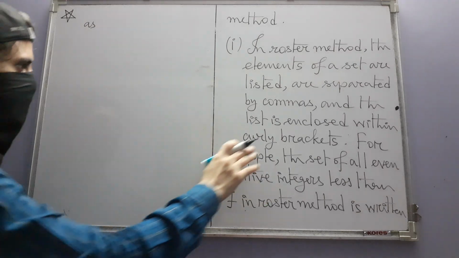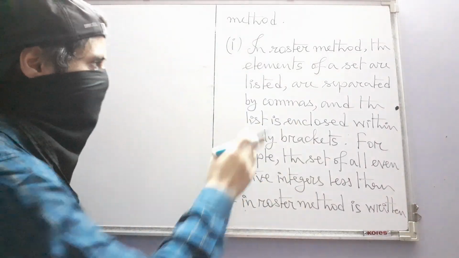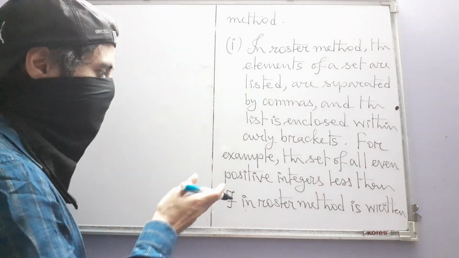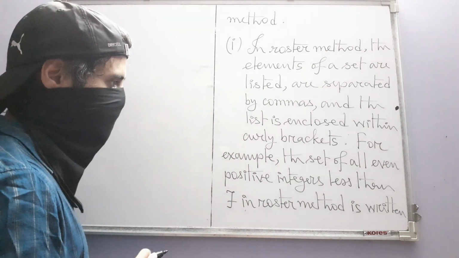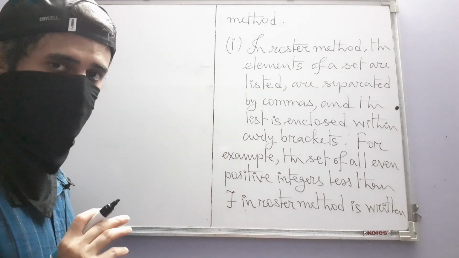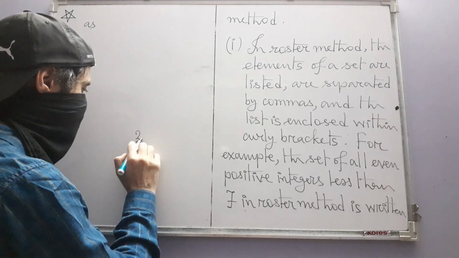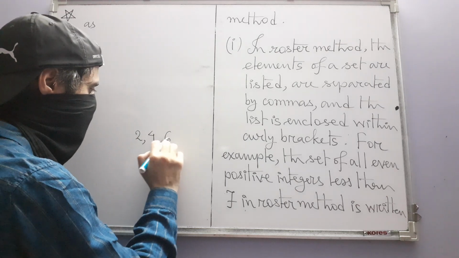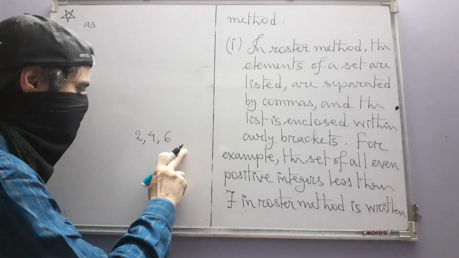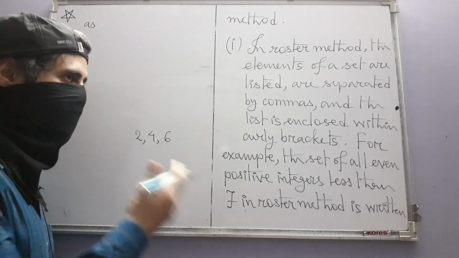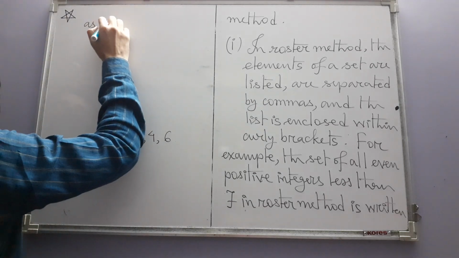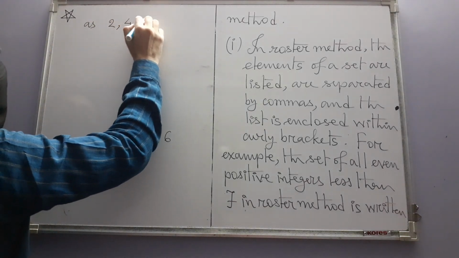Okay, so let's follow whatever is written. We list all the elements. So what are the elements in this set? The positive even integers less than 7: 2, 4 and 6. You may notice that when writing such a list, we automatically put commas to separate the elements in the list. So we do so here as well.